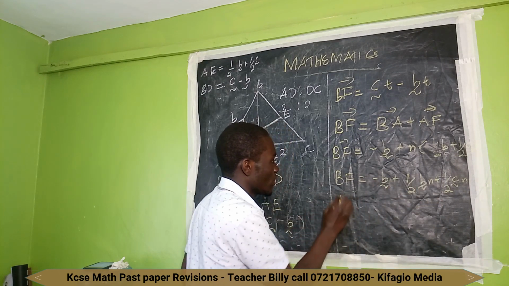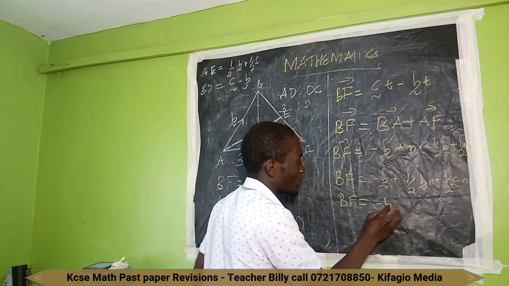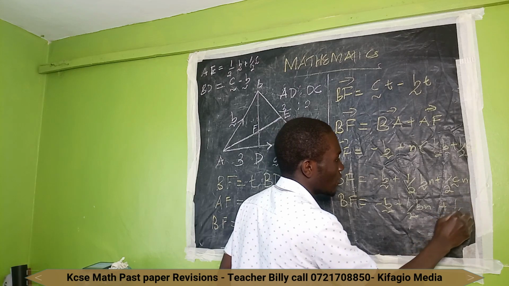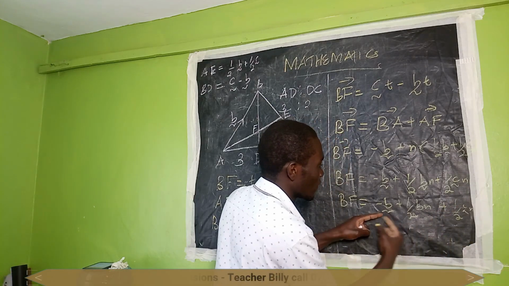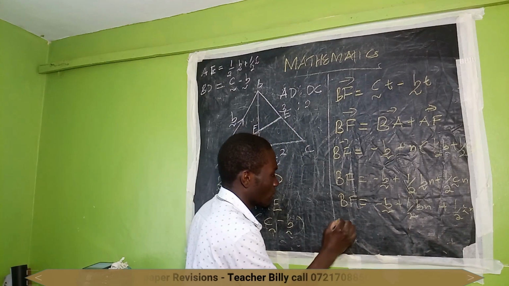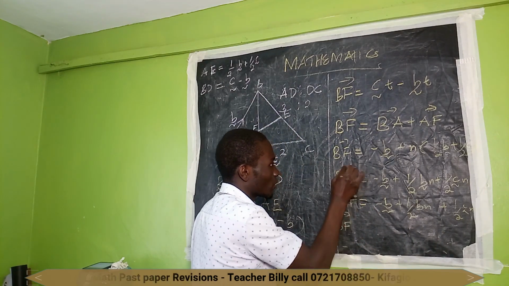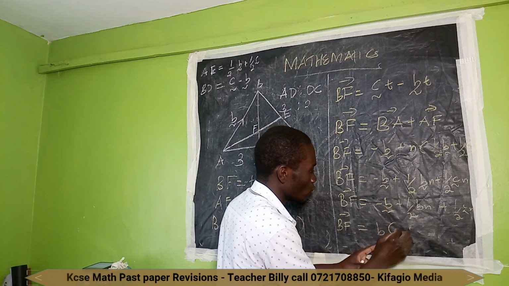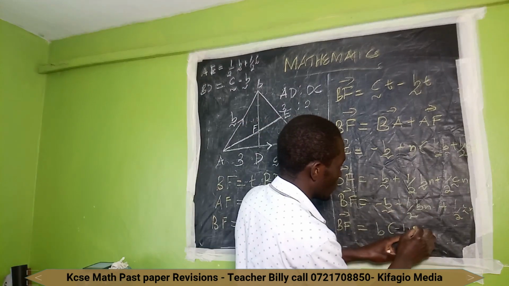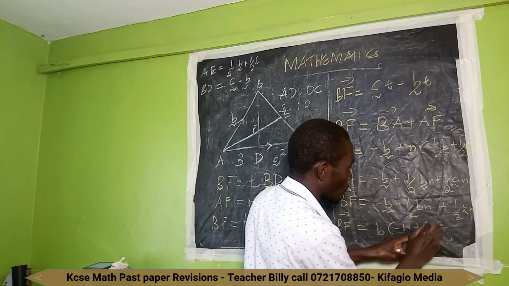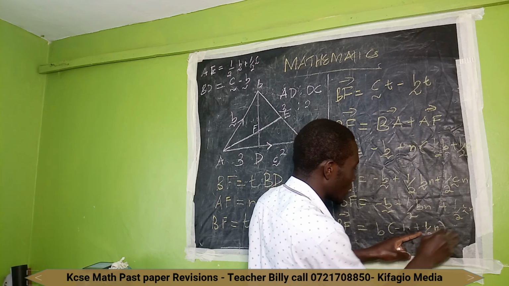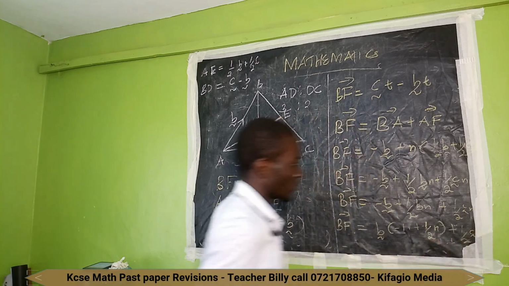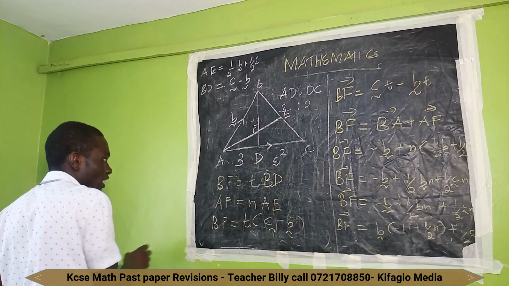So BF is equal to minus B plus a half Bn and then plus a half Cn. You can simplify this further or factorize. BF, remember these are vectors, is equal to B is common, factor out B, B into negative 1 plus 1 over 2 of n, plus 1 over 2 C of n. Sorry class, let me wrap this part.